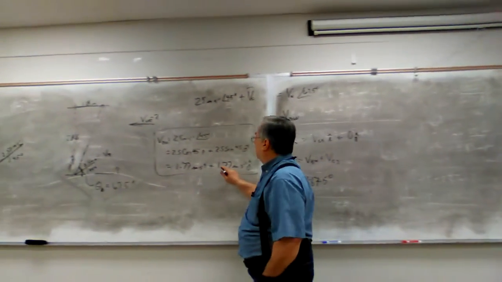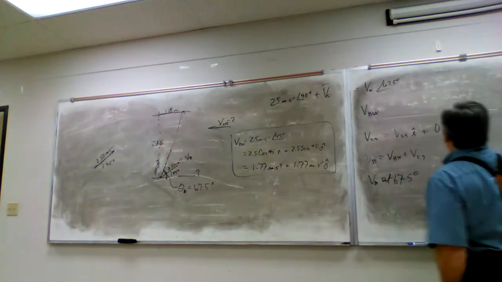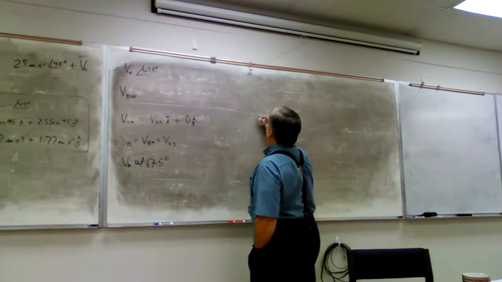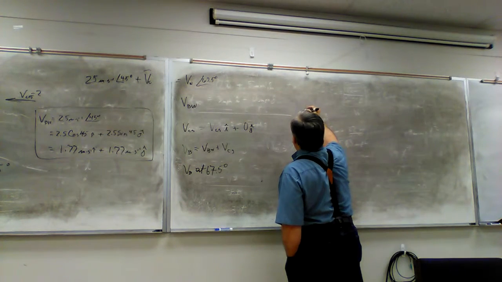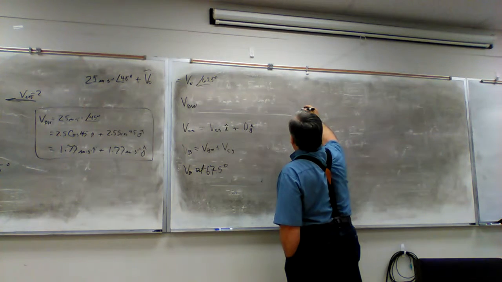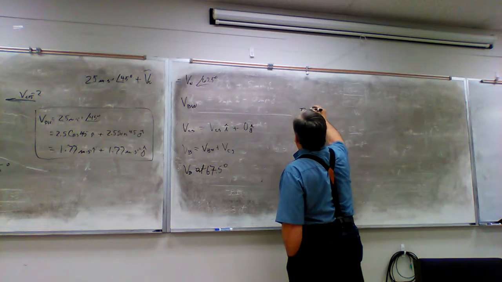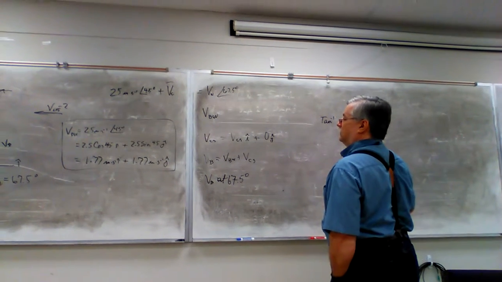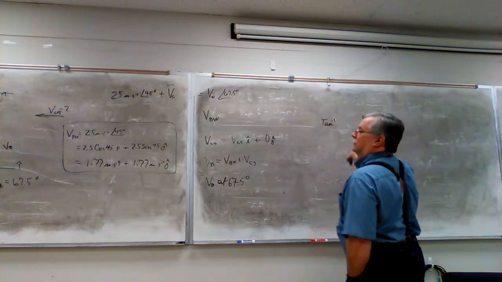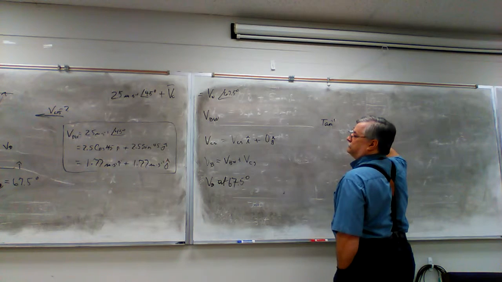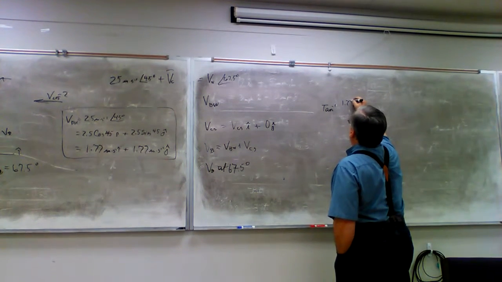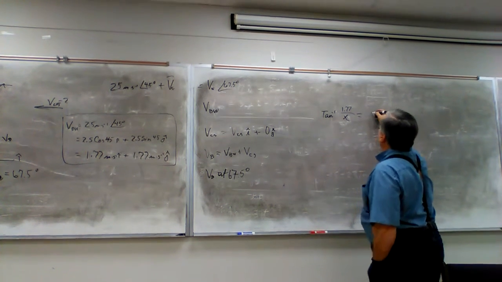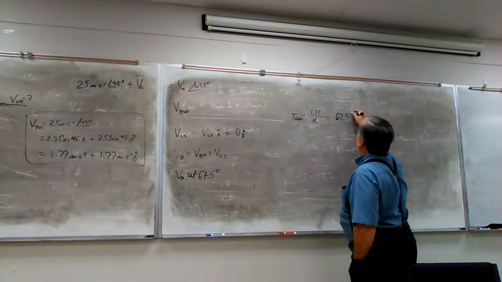So, I'm trying to phrase this in the form of a question that will make sense to you. We're looking for the inverse tangent of, which one's vertical and which one's horizontal. 1.77 divided by x will equal 67.5 degrees.